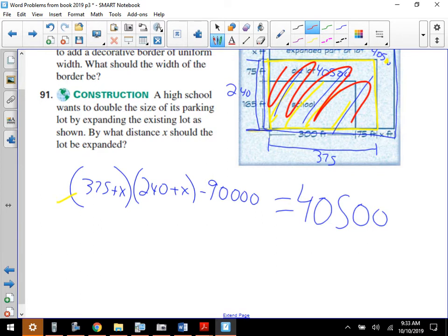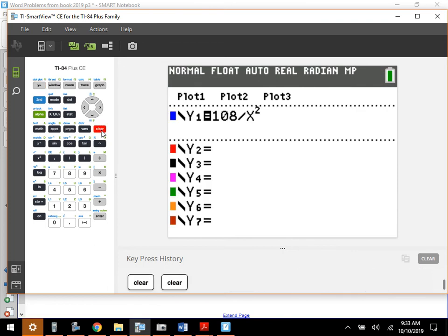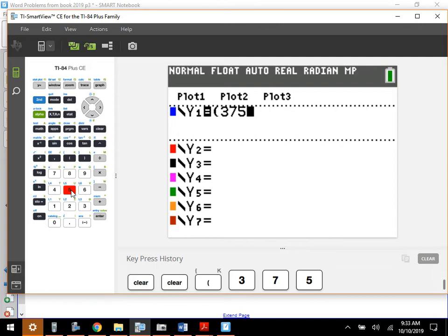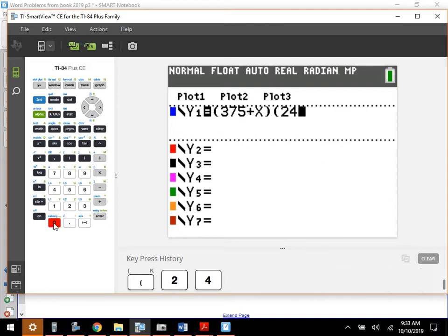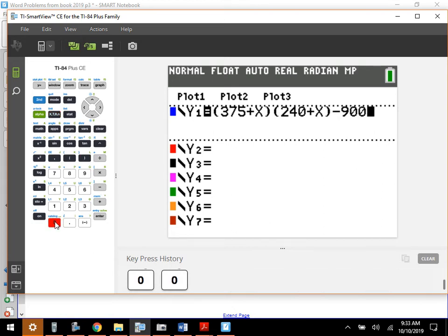So I go to my calculator, and I'm typing in my equation, which was parentheses 375 plus x, close, open, 240 plus x, close, minus 90,000. And what I'm going to do is use my table.